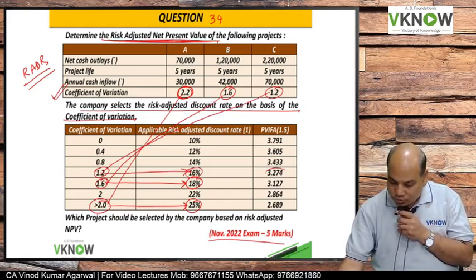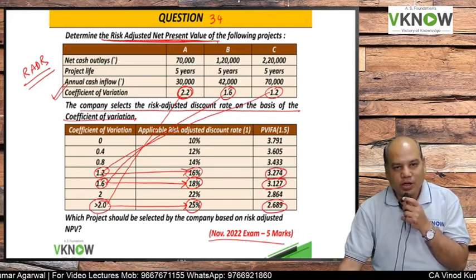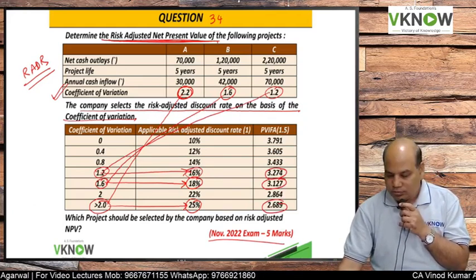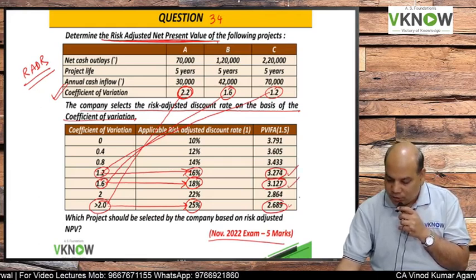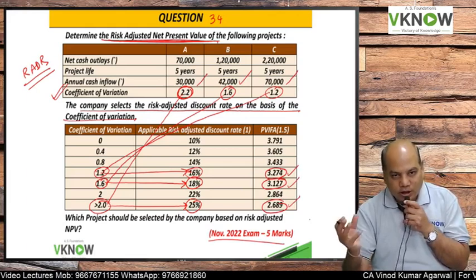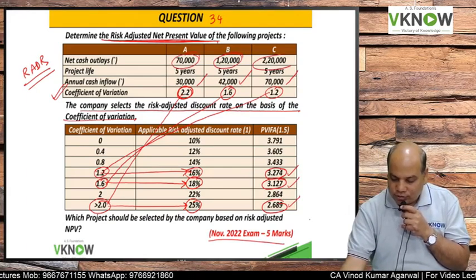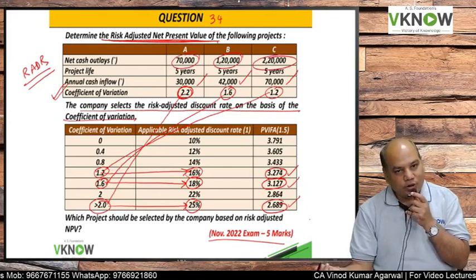And to help you, your institute has given you the PV annuity factor also. So you just have to multiply these factors with this cash flow, get PV of cash inflow, deduct the outflow, and that will give you NPV.